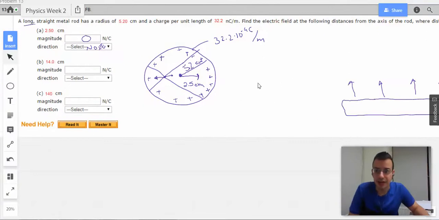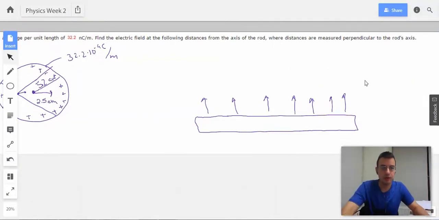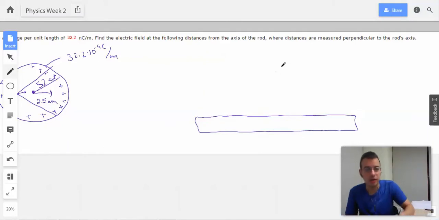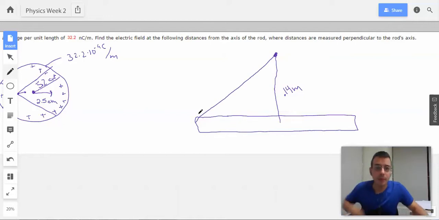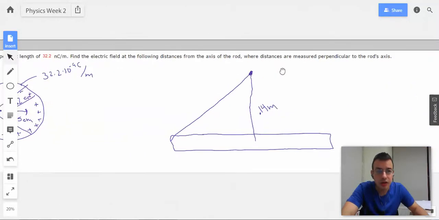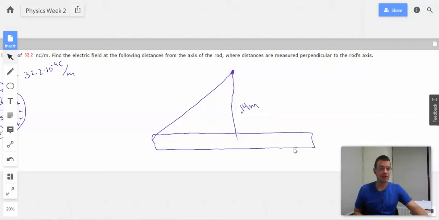Okay, and we're looking at it at a distance of 14 centimeters. Let me erase these real quick. I'm going to say that right here is 14 centimeters, or 0.14 meters, from the center. It goes infinitely in both directions, so I'm going to say that we're operating at the center.